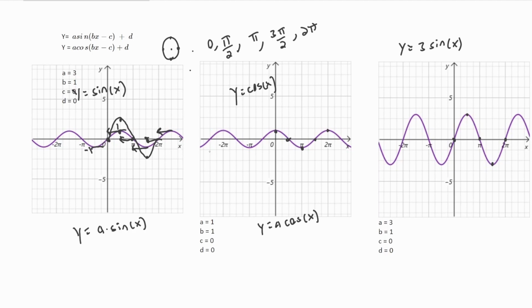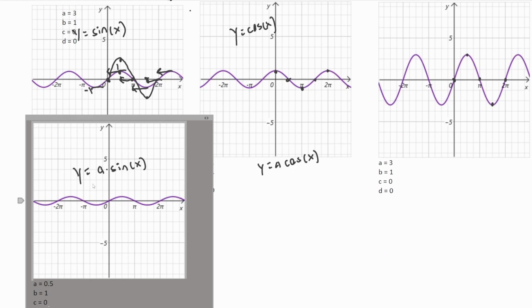So if our a is bigger than 1, it's going to cause it to stretch, like over here where our a was 3. Now, if our a was less than 1, so if we were to set a value of 0.5 for the coefficient here, it would shrink everything down.